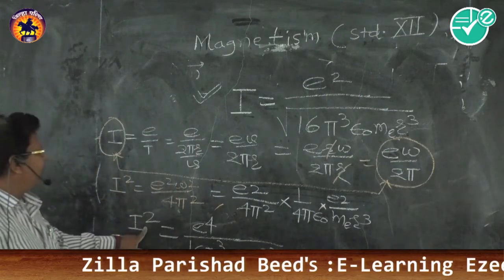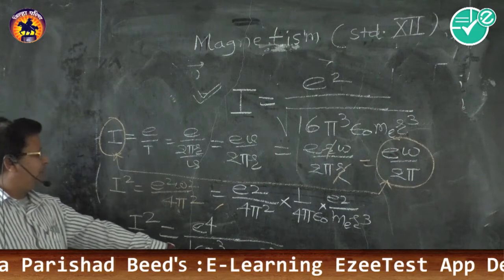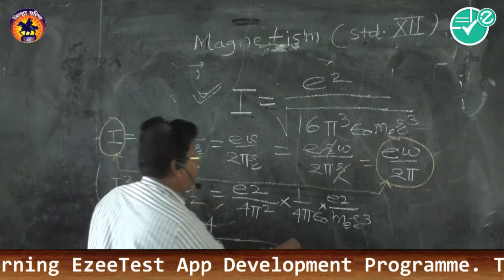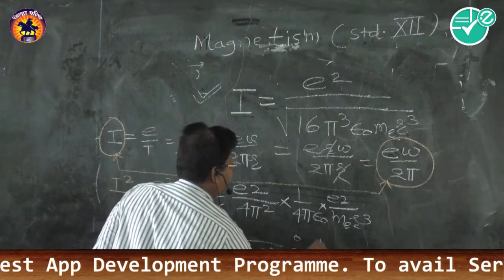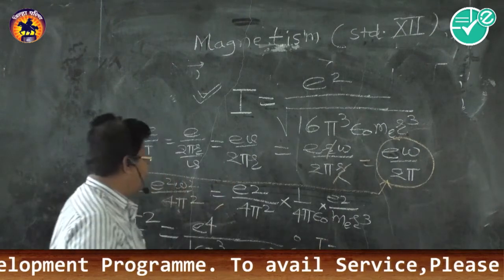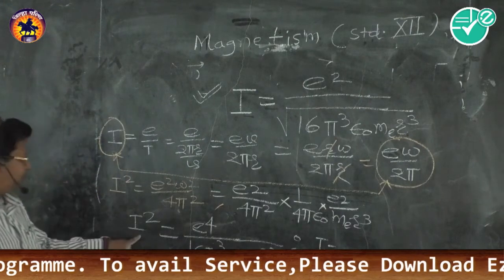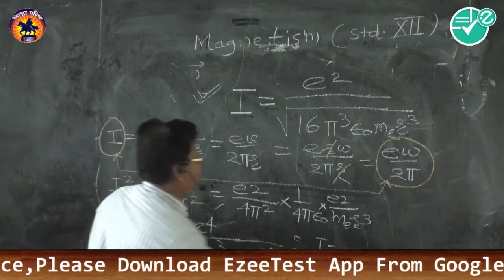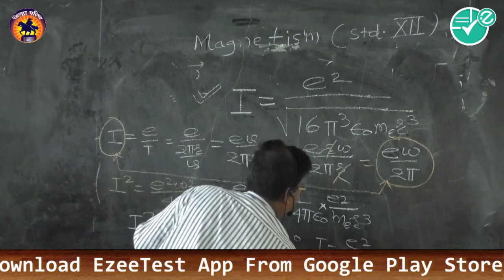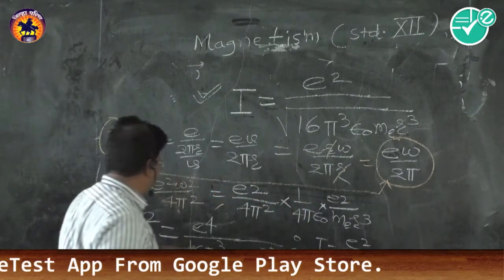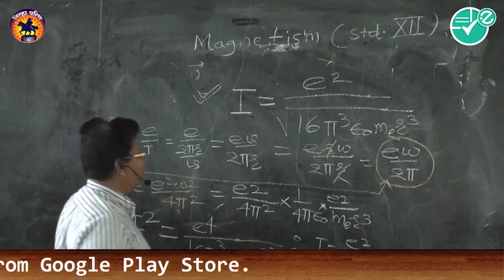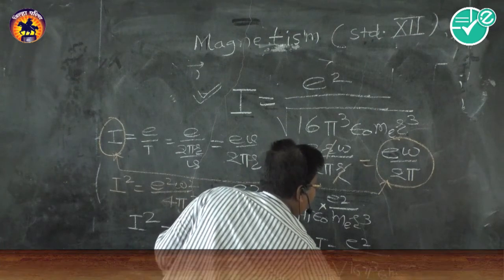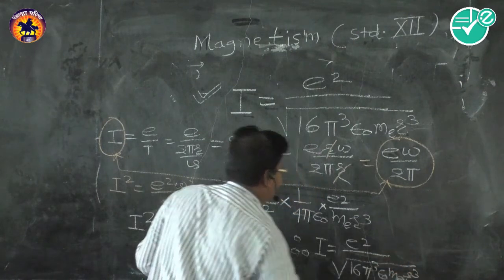So the value of I square is e to the 4 divided by 16 pi cube epsilon 0 m suffix e r cube, and therefore I is equal to, if we take square root on both sides, e to the power 2 divided by the denominator value under root, which is 16 pi cube epsilon 0 m e and r to the power 3.